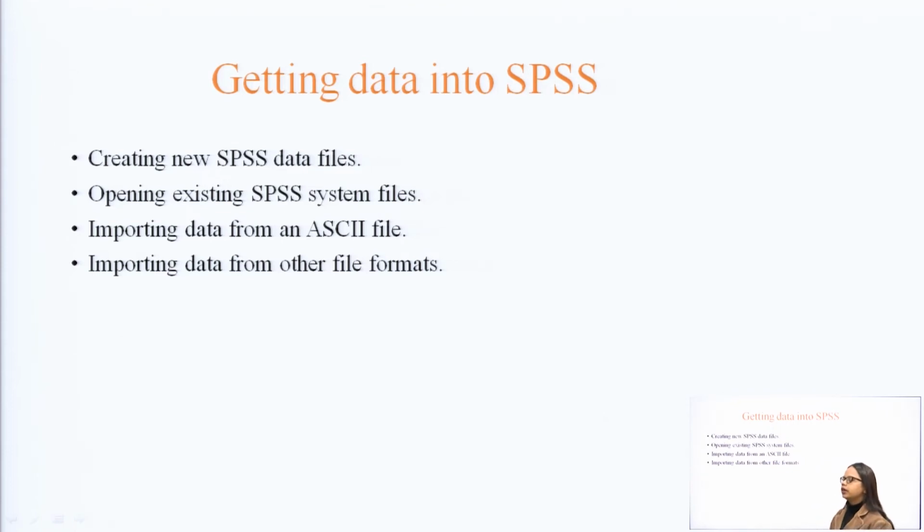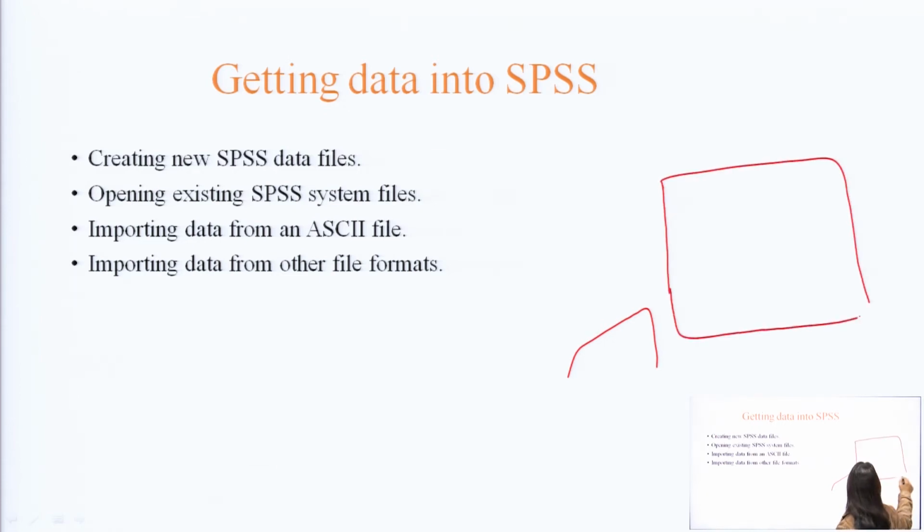Getting data into SPSS. How will you get data into the SPSS software? For example, this is the SPSS software, and this is the toolbar. You know that SPSS can take data from any type of file, but how will you get data here? Creating new SPSS data files is the first option.